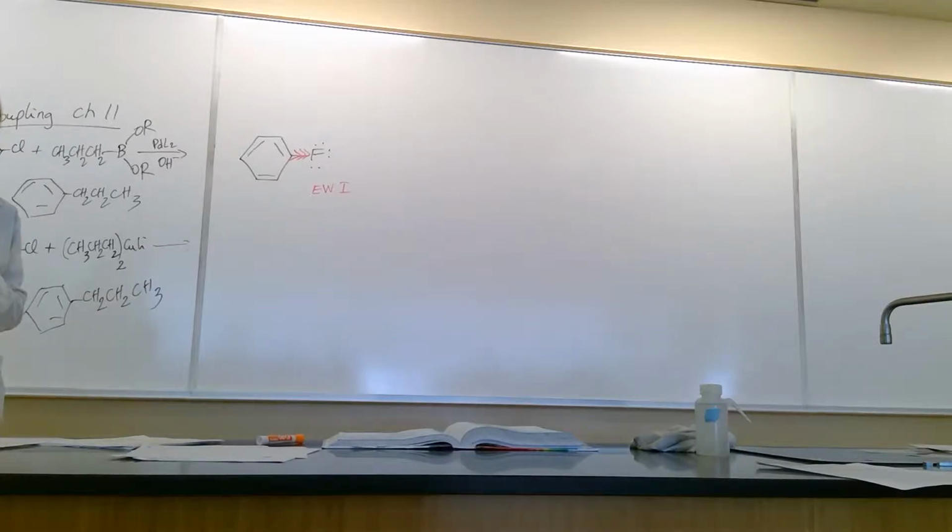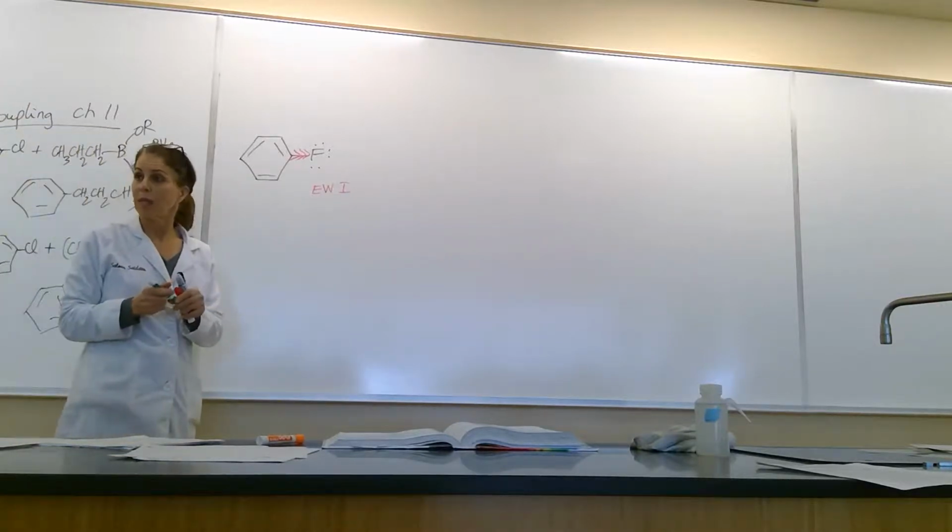Is everybody seeing this? So fluorine is definitely withdrawing. That makes it activating or deactivating? Deactivating. But at the same time, fluorine can be electron donating by what effect? Resonance. So I'm going to use the green for resonance.